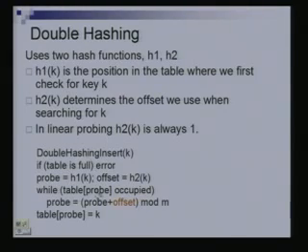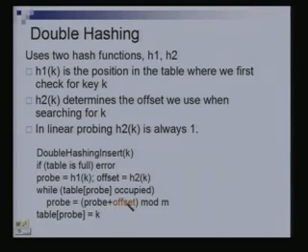So let's look at this piece of code. Probe is set to h1 of k, so that's the first position I look at, and offset is set to h2 of k. First, I'll look at the location specified by probe in the table. If it is occupied, then the next location I'll look at is probe plus offset.